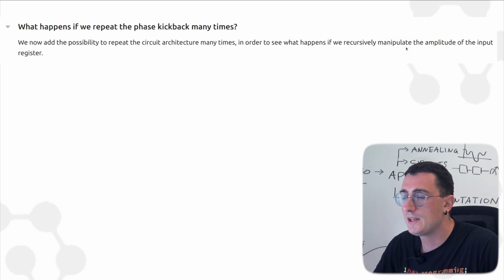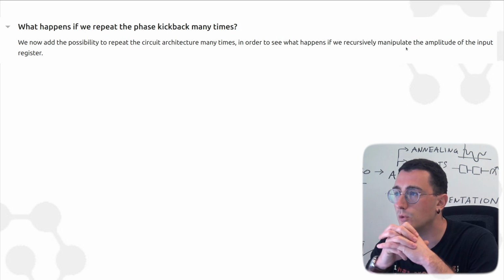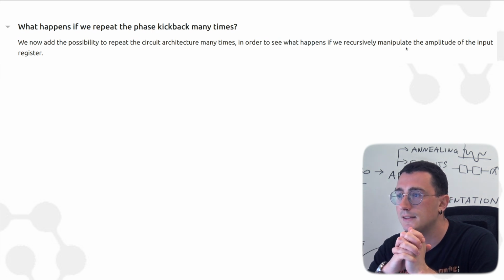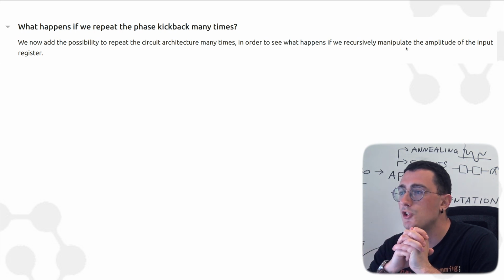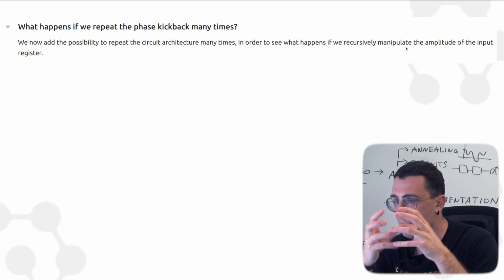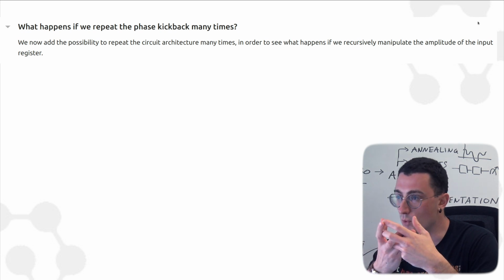And now we can go on and complicate a bit the situation. Indeed, what we want to do now in this very last part of the lecture is to add another argument to our execute circuit function, which enables us to repeat the execution of the circuit in which we involve the kickback trick as many times as we want.